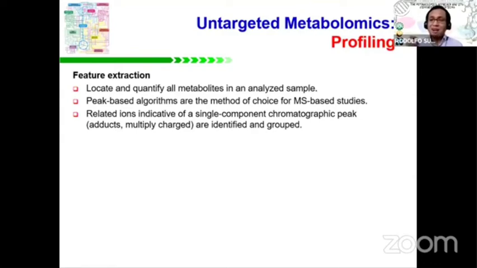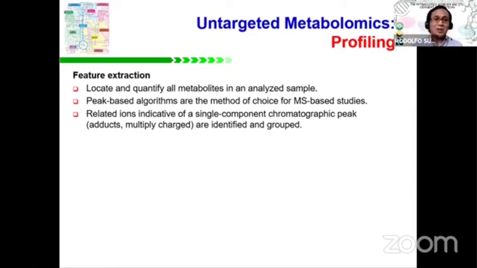These parameters that I mentioned a while ago are what you call the features that characterize your metabolites. At this stage of profiling, you don't know the identity of your metabolites, but the metabolites can be identified through these features.